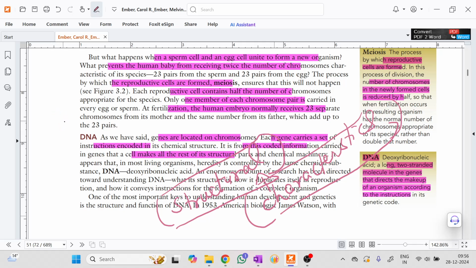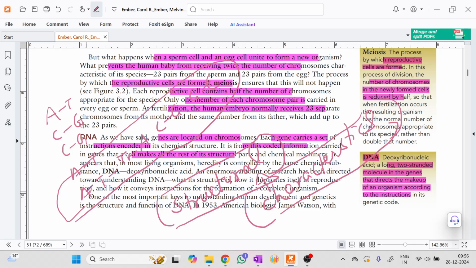Simply, DNA is nothing but AT, CG, CGAT, AT, TA, CG, GC. So this whole code, if you look at it, is nothing but the expression of these four bases, A, T, C, and G, joined together in forward or reverse motion.